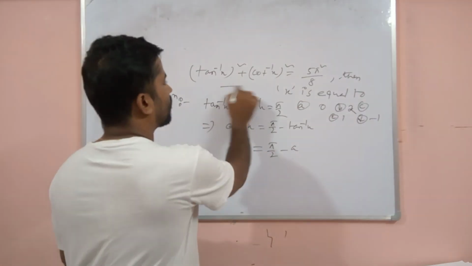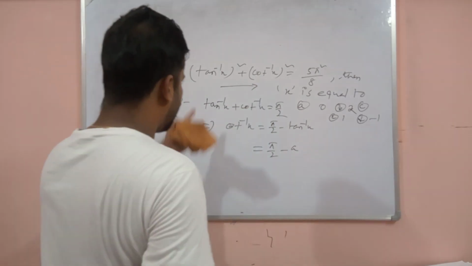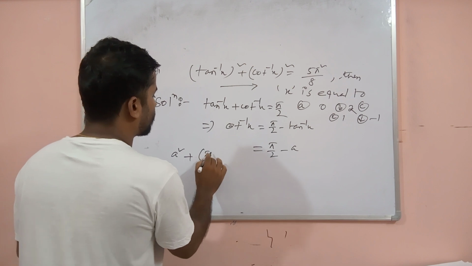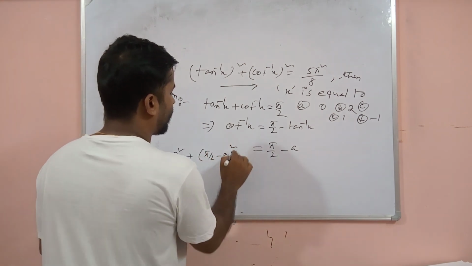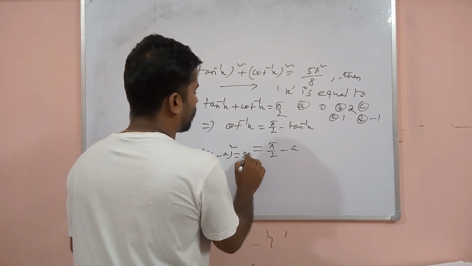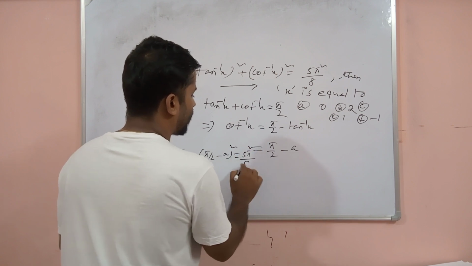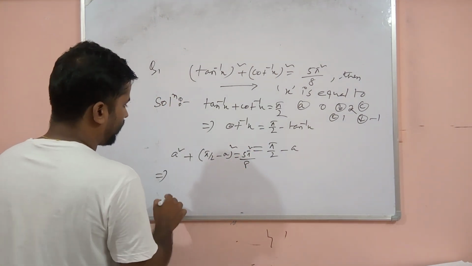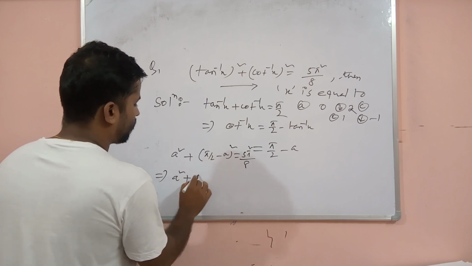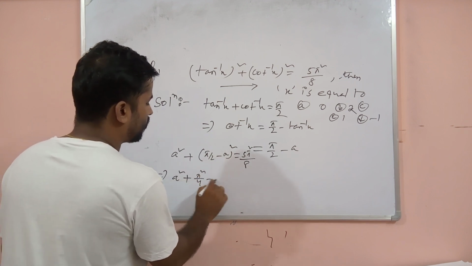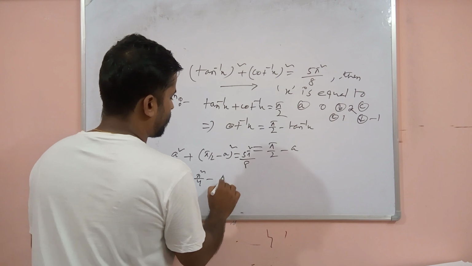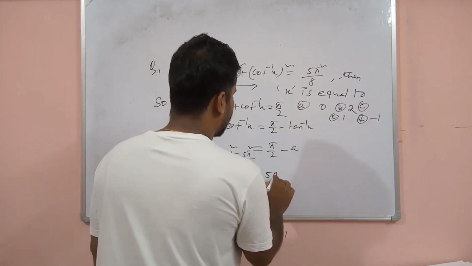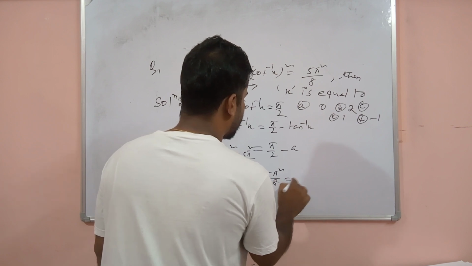So this implies a square plus (pi by 2 minus a) whole square is equal to 5 pi square by 8. So finally, if we simplify it, a square plus pi square by 4 minus pi a plus a square minus 5 pi square by 8 is equal to 0.